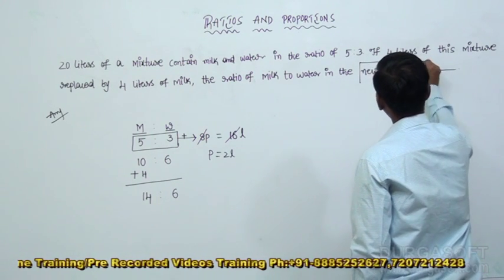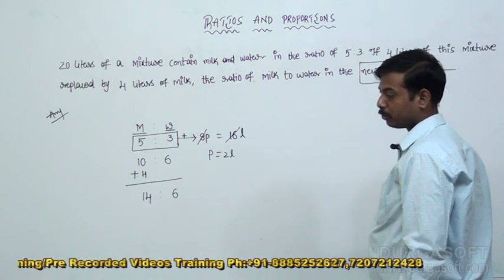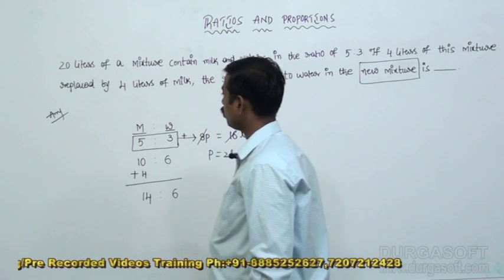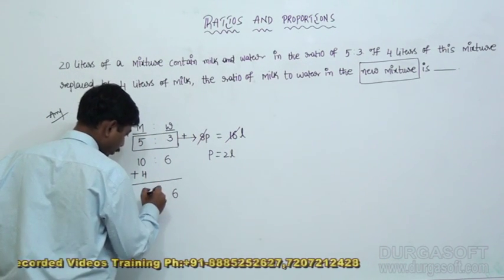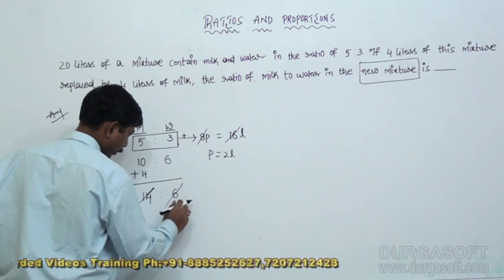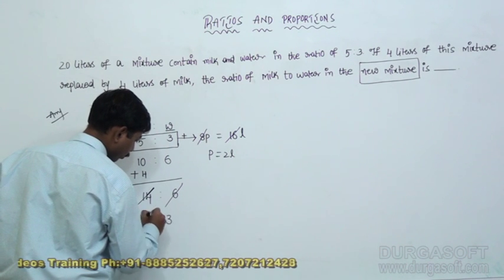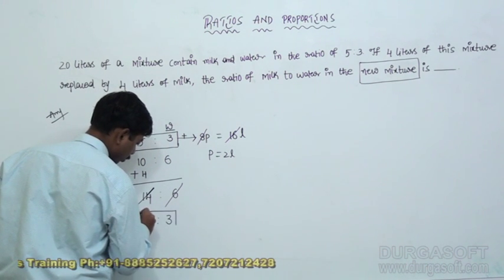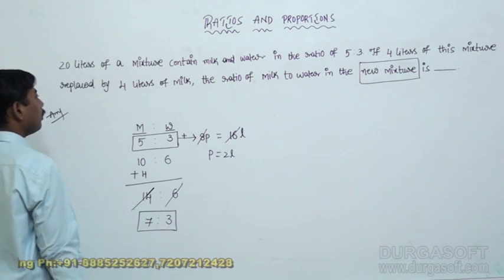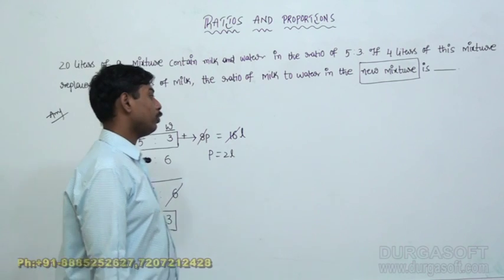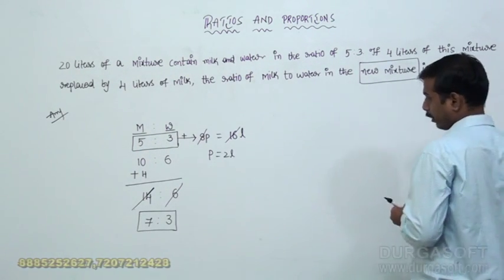In that new mixture, what would be the ratio of milk to water here? 7 is to 3, very good, 7 is to 3 would be the ratio of milk to water in the new mixture. All right, let us go for the next one, my dear guys.